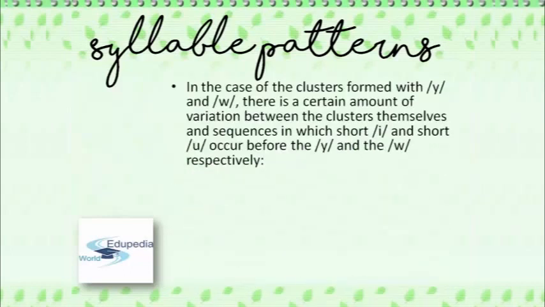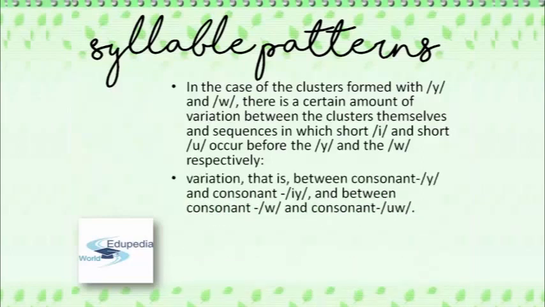In the case of the clusters formed with Y and W, there is a certain amount of variation between the clusters themselves and sequences in which short I and short U occur before the Y and the W respectively.